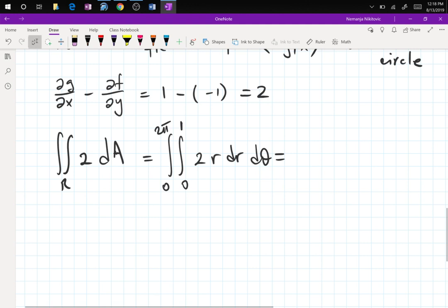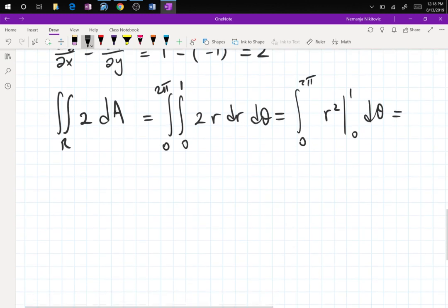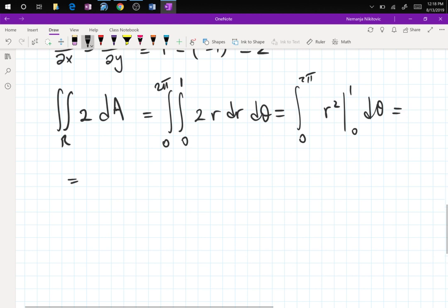I don't want to deal with trig sub. That's too much. So when I integrate r, I get r squared over 2, and then 2 and 2 will cancel, so I just get r squared from 0 to 1. Oops. I just need one integral there because 1 is integrated. 0 to 1, I still have d theta. That's just going to be 1, so the integral from 0 to 2 pi of d theta is equal to 2 pi, which is the same answer we obviously got with the line integral.